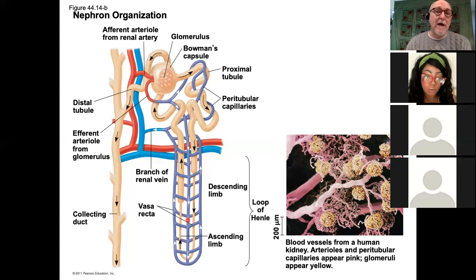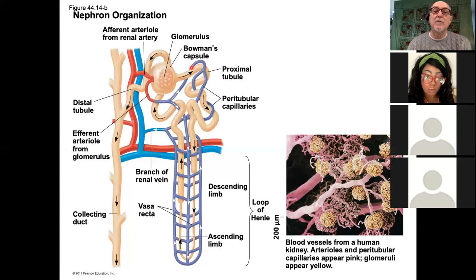But the other thing that we have to look at are these tubules here. And we'll start off the whole tube structure right here. This swelling like a bag structure around that knot of arterioles is called the Bowman's capsule. And it feeds into this tubular structure here. We'll break it down.